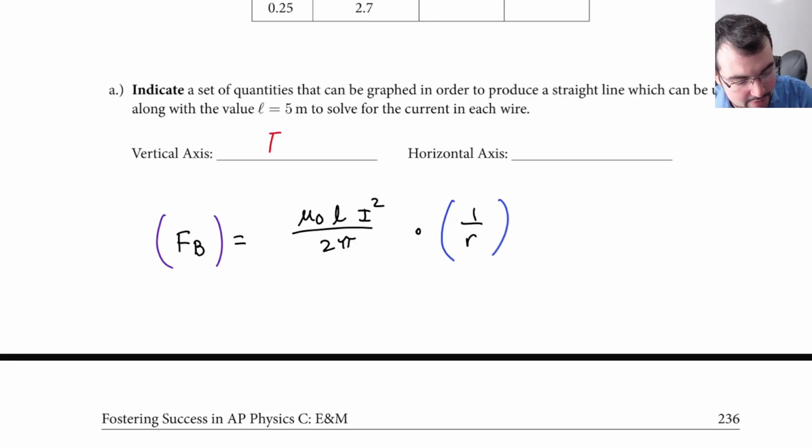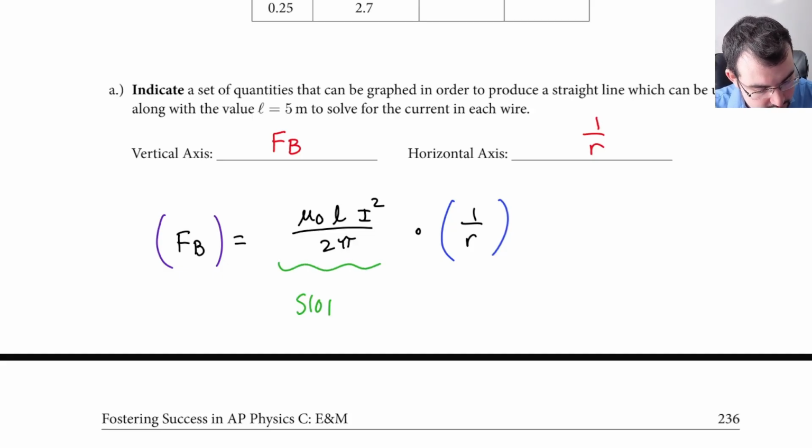So we can graph FB versus 1 over R. And then everything else is going to be our slope.